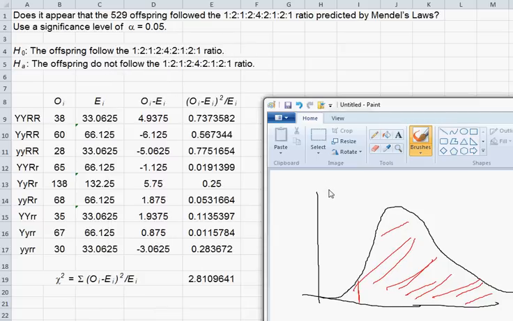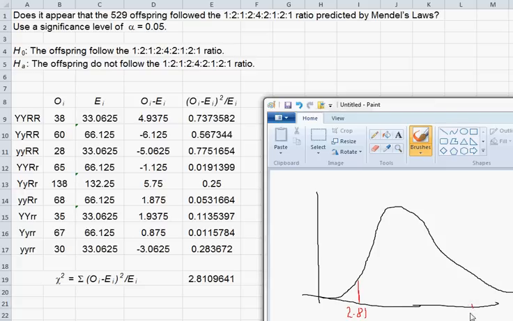Here's a second way of getting to the exact same conclusion. So here was my mark, 2.81. A second equivalent way of figuring out whether to retain or reject the null hypothesis is to figure out the critical value.